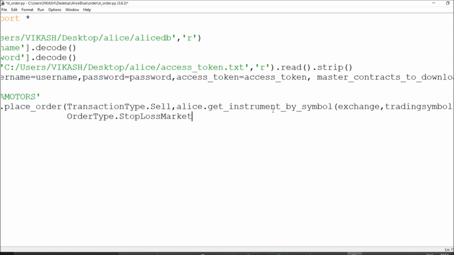Next is the product type, where I can say whether it is delivery or intraday. For intraday it will be like this. The syntax is there, just follow it. In each and everything the first letter will be a capital, leaving alice dot get instrument by symbol.